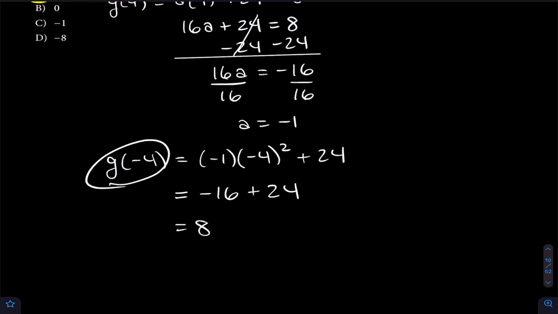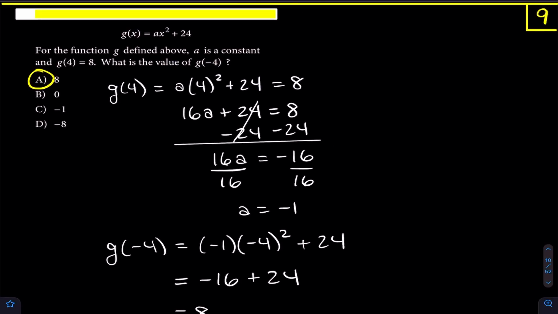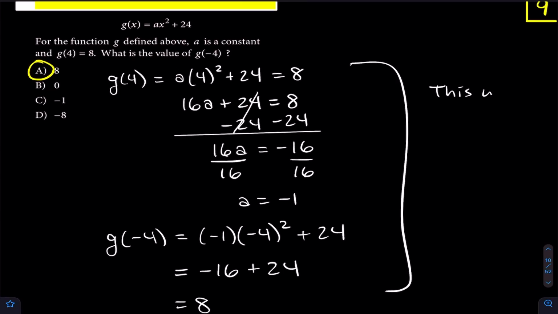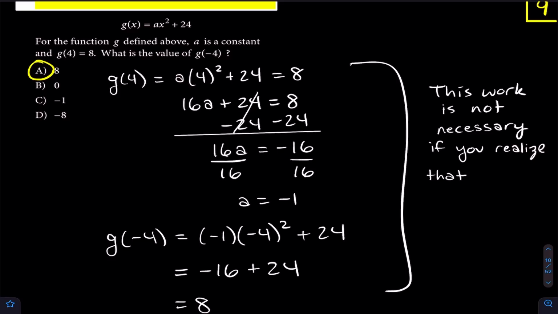So you see the g of 4 is 8 here. So that is the very long way of solving this problem, but again, this work is not necessary if you realize this is an even function. So if you realize that g of x is even.